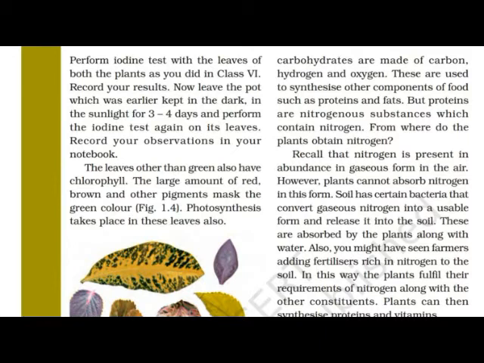This is the second way where the farmer adds, and the first way where the bacteria collect the gases and convert them into the soluble form of nitrogen. So these are the two ways. In this way, the requirement of the nitrogen is fulfilled.